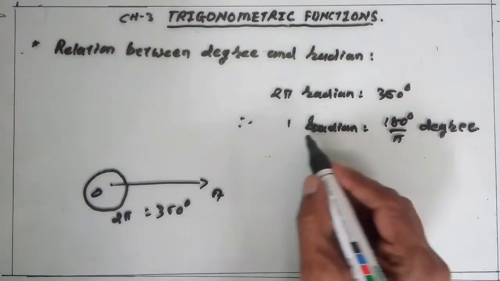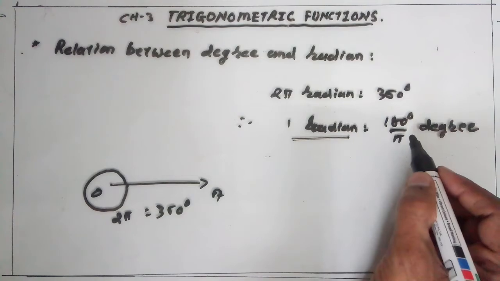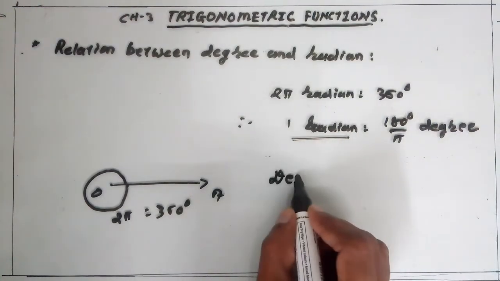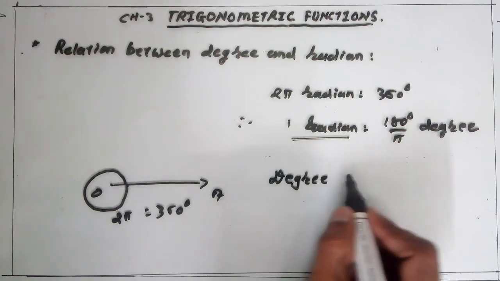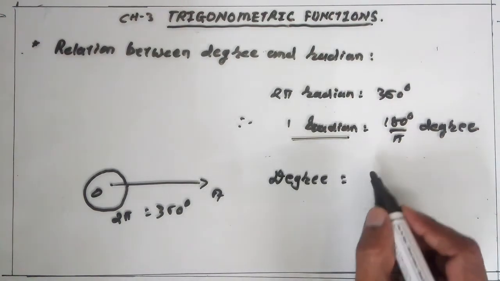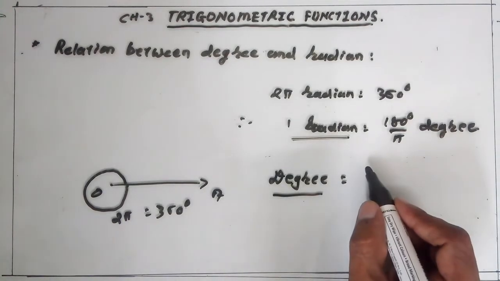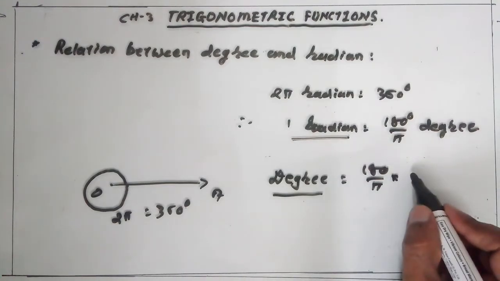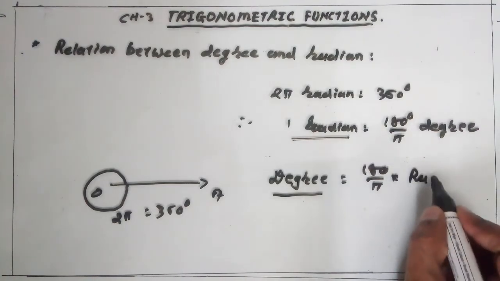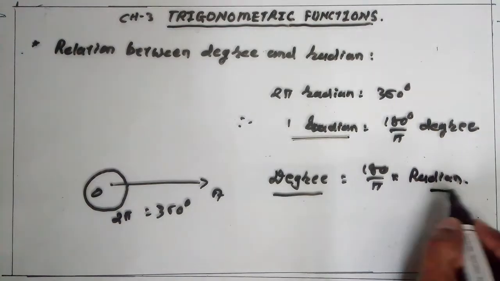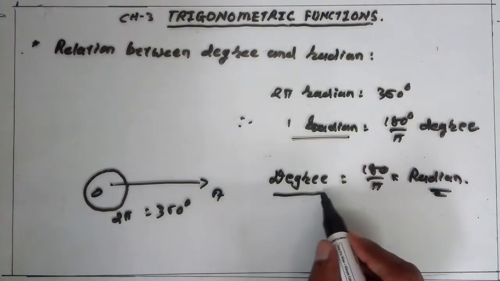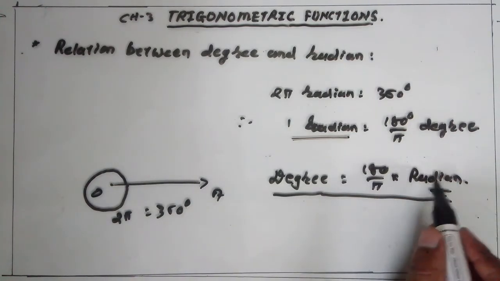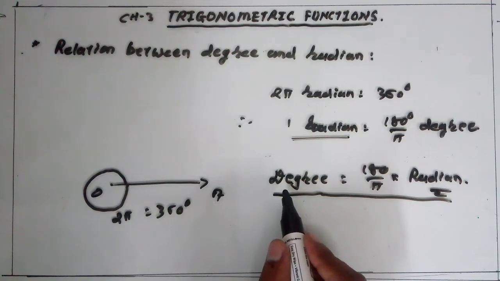So remember this, 1 radian is equal to 180 upon pi degrees, or degree measure is equal to 180 upon pi into radian measure. Clear? So using this formula, we convert degree measure into radian measure and radian measure into degree measure.